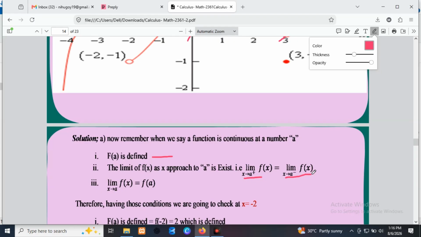Third, the limit equals the functional value. If it satisfies these three conditions, we say the function is continuous at the number a. Having this definition, from the graph we are going to check whether it is continuous at x equals -2.